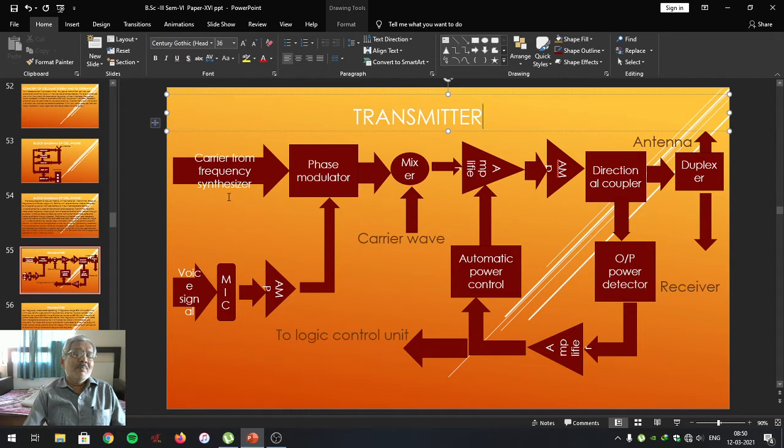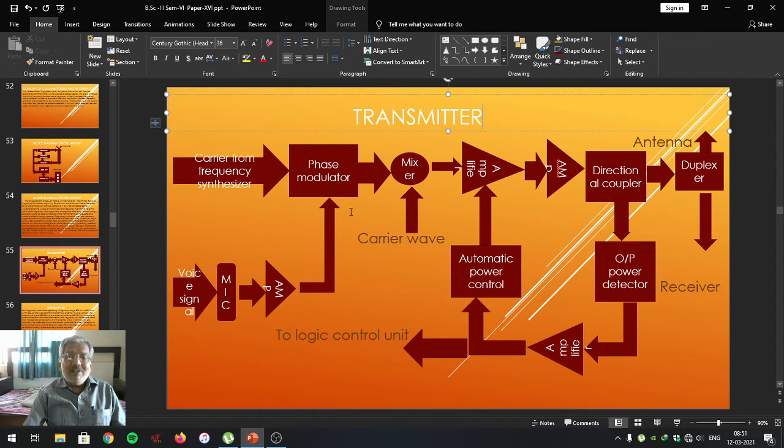Student friends, in the block diagram of cell phone, we studied that transmitter is connected to the frequency synthesizer and also it is connected to the antenna through the duplexer. That frequency synthesizer provides the carrier frequency to the phase modulator as the first block of transmitter.